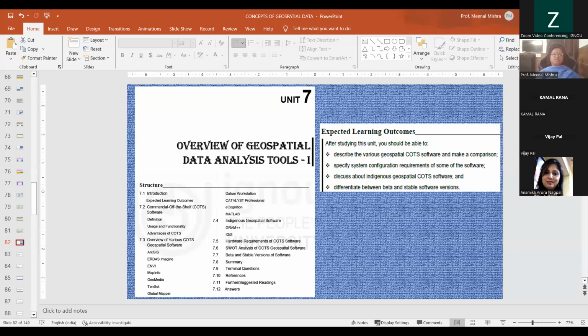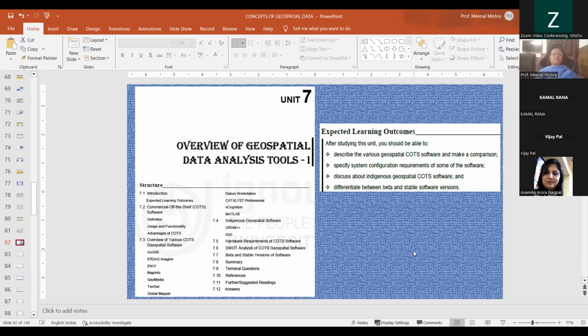That was raster data. Now, PGCGI students have got only one unit in their SLMs, that is data analysis tools. But for BGI learners, since we have upgraded that PGCGI into DGI and MSc program, actually the PGCGI program was running since 2014, and now it has been upgraded to DGI and MSc GI program.